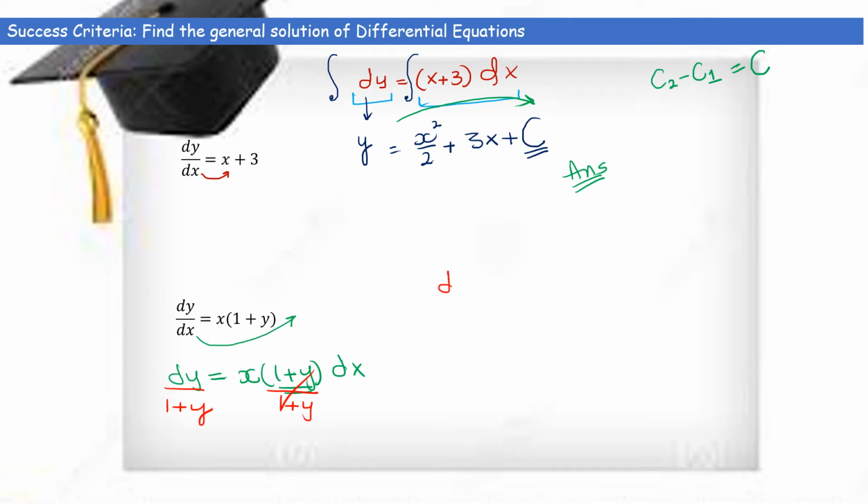So what do we get? dy over 1 plus y equals x times dx. Now you can see that all the y's are on one side and all the x's are on the other side. Now you are ready to integrate. So take the antiderivative on the left hand side with respect to y.